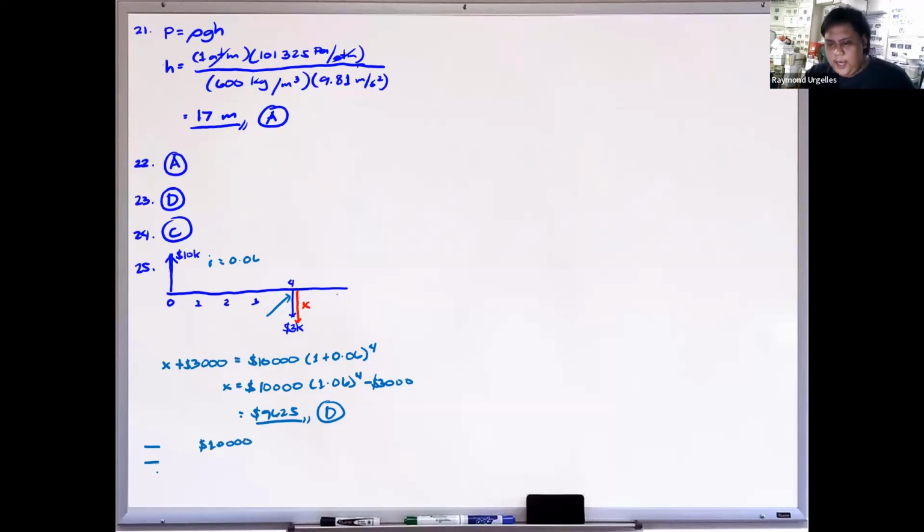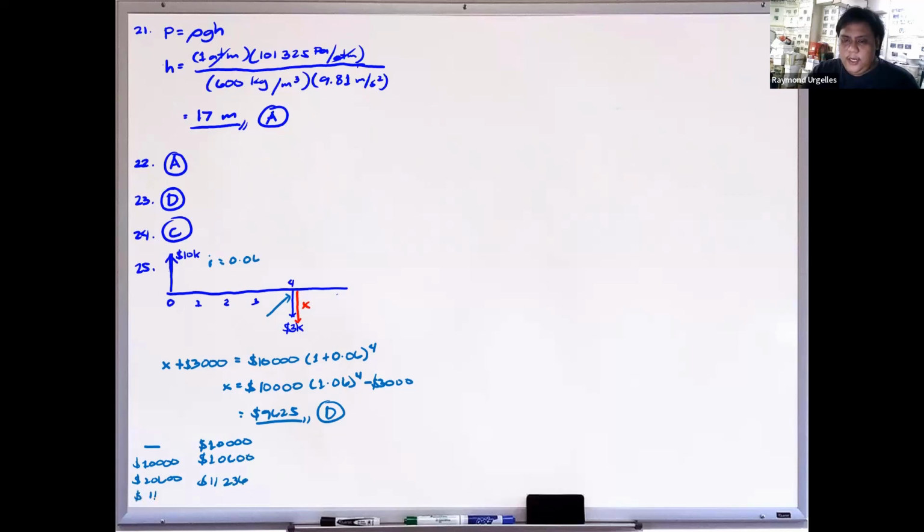After 1 year, it is multiplied by 1.06. So 10,000 multiplied by 1.06, you will get $10,600. Then after 2 years, multiply again by 1.06, so you get $11,236.